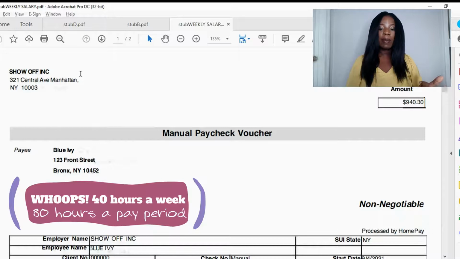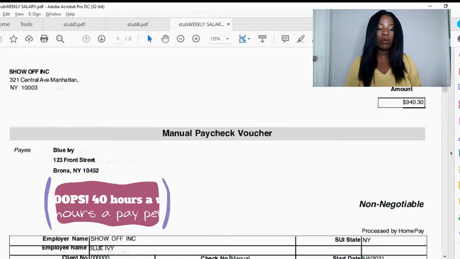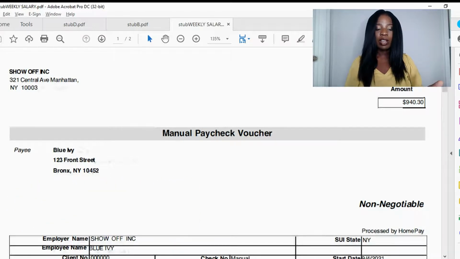If we were to ask for a secondary pay stub, or a pay stub that's right before this one, we just want to make sure that they are working that regular 80 hours. Sometimes, when you are reviewing pay stubs, it might be like 80 hours here, 85 hours there.